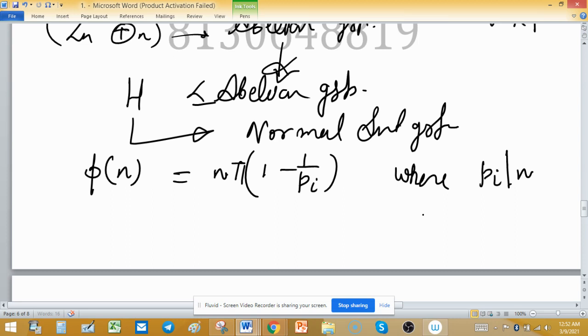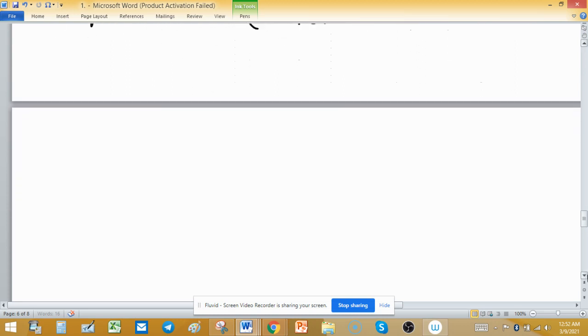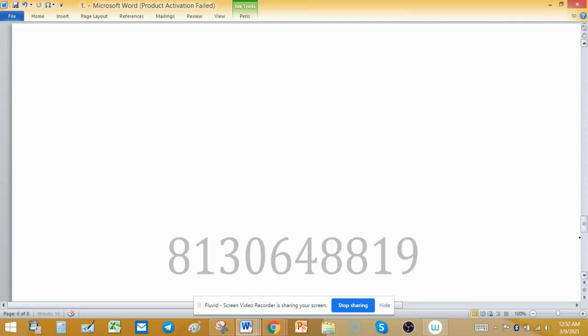Total number of subgroups of a group. I think I already explained this one.